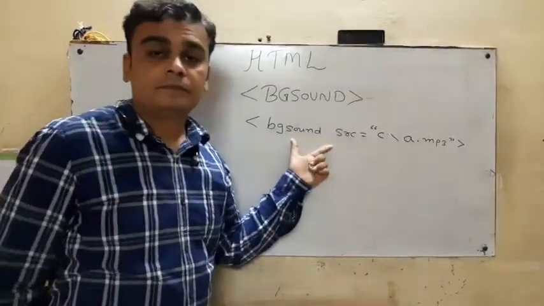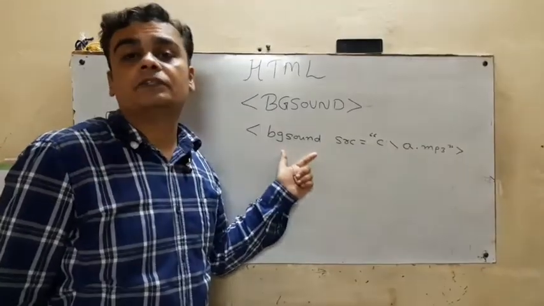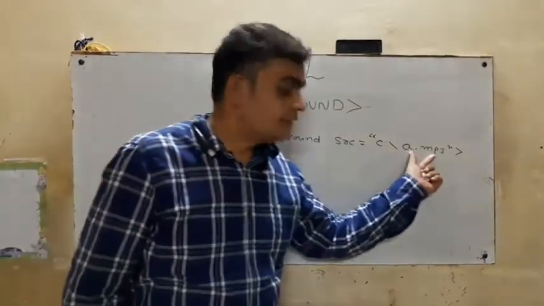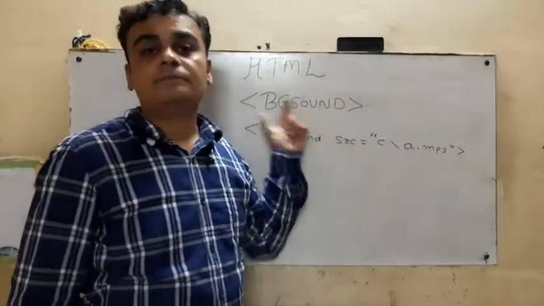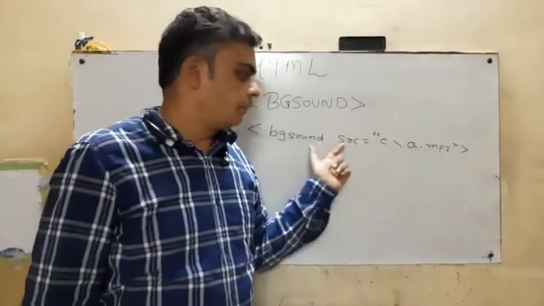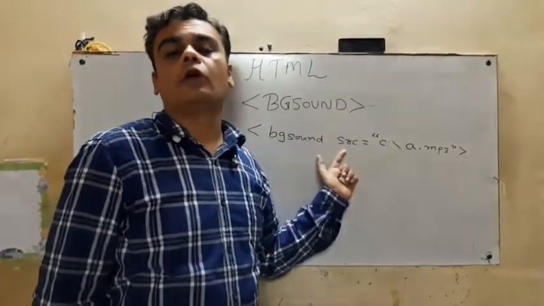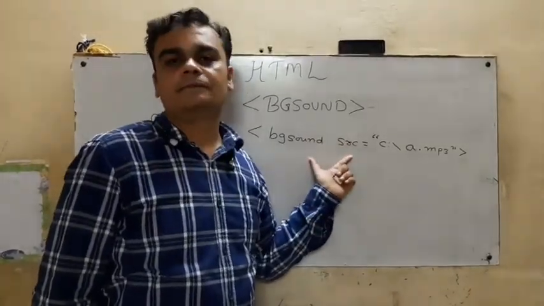Whenever I execute this code in my web page, this media file automatically starts after the web page loads on my screen. But for that purpose you should turn on your speaker before executing this file.